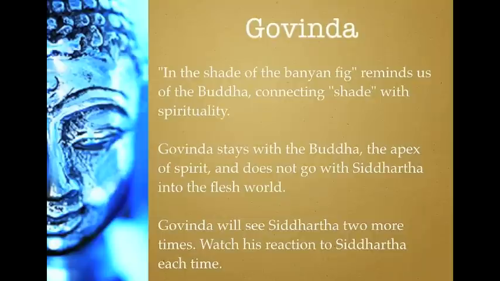And Govinda does not go with Siddhartha into the flesh world. That is, he doesn't cross the river with Siddhartha at all. He just stays with the Buddha, with the highest point. Govinda will see Siddhartha 2 more times in the book, and both times I want you to watch his reaction to Siddhartha. Okay, Govinda is a very important character, even if he's not showing up.